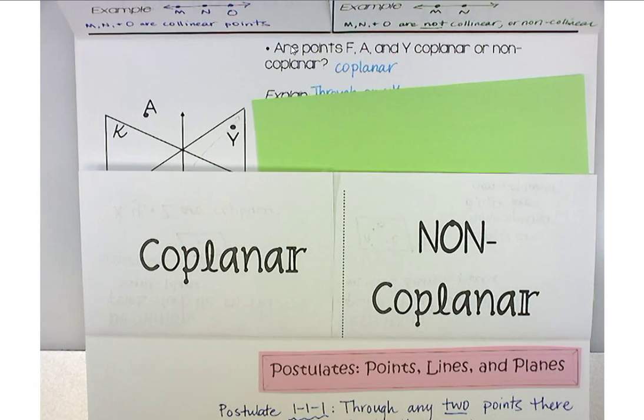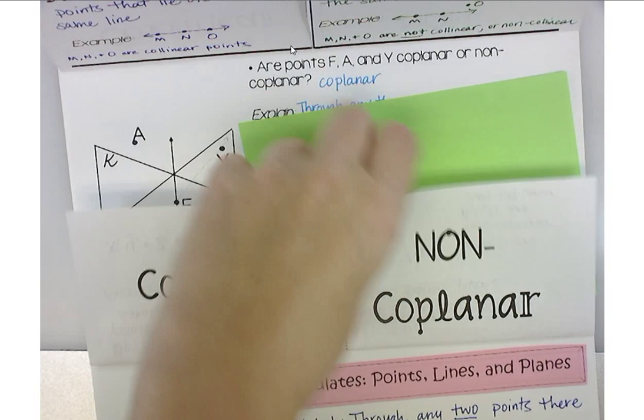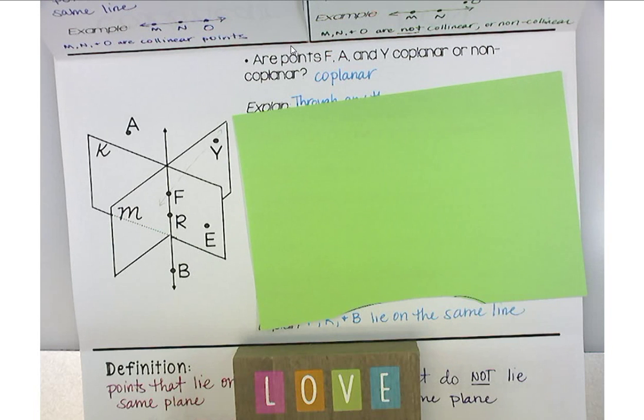The first thing that it asks us: are points F, A, and Y coplanar or non-coplanar? Now you can see that I've already written in there that it is coplanar.